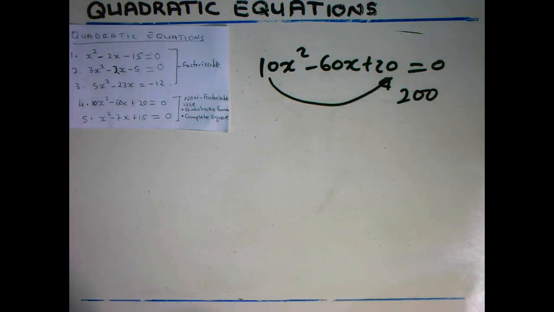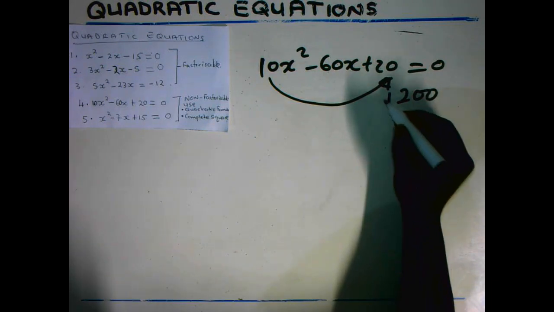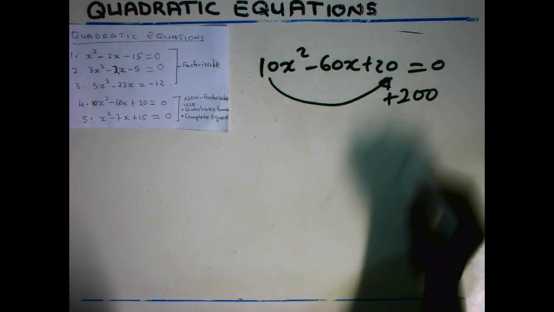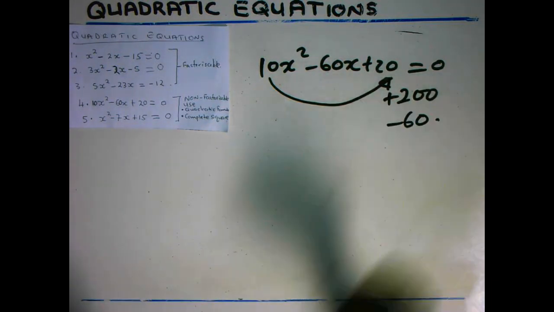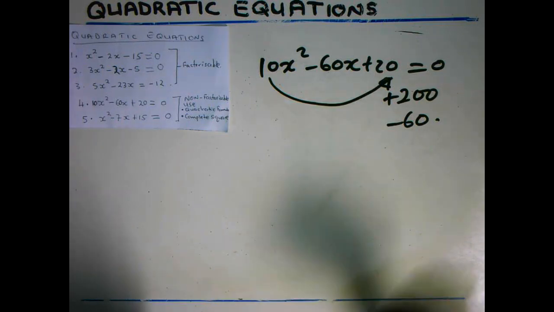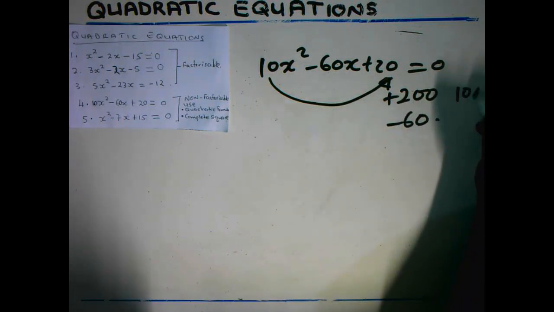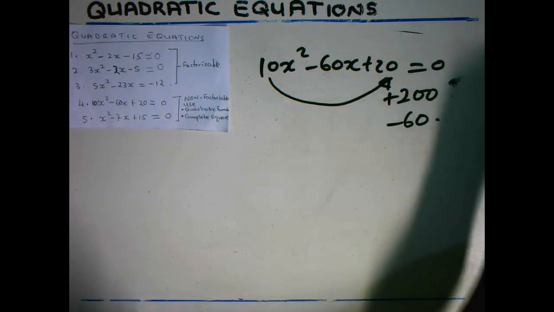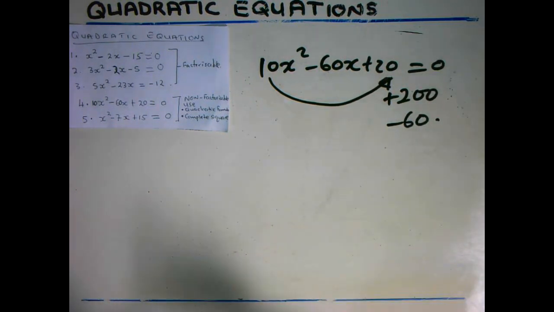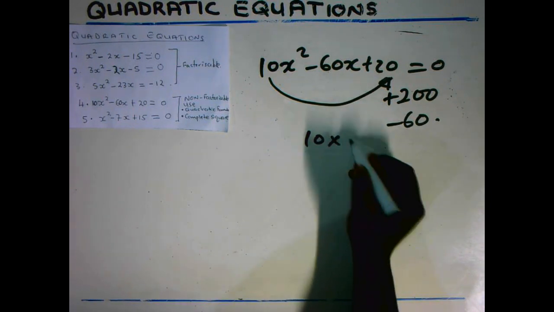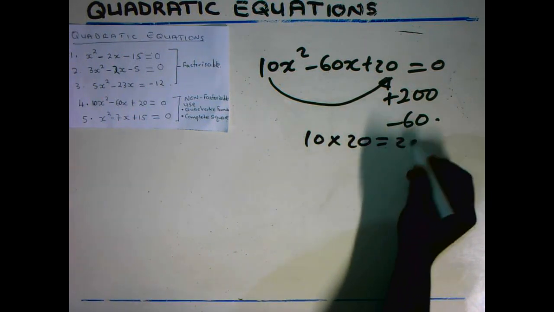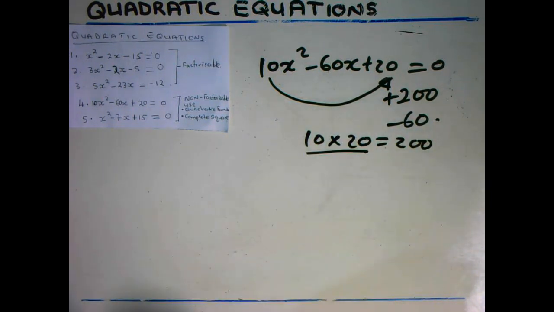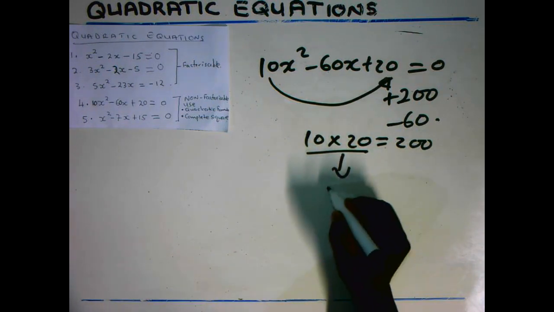Can we find two factors of plus 200, which if added will give us minus 60? For example, we have 10 times 20. Sorry, let me write where all of us can see. 10 times 20 is equal to 200. But what if we add this? We get 30.